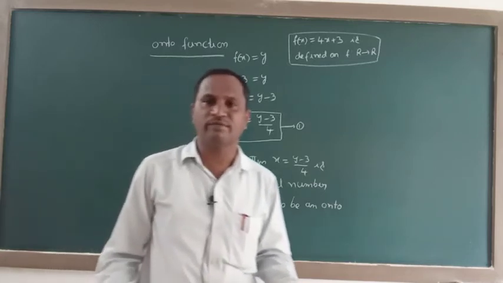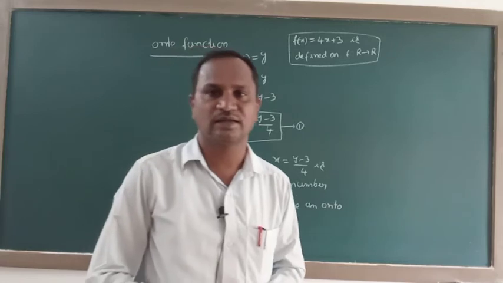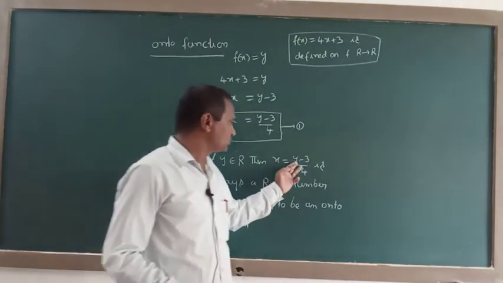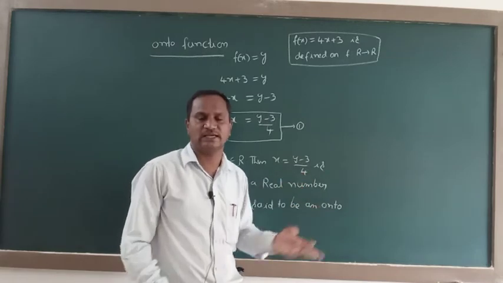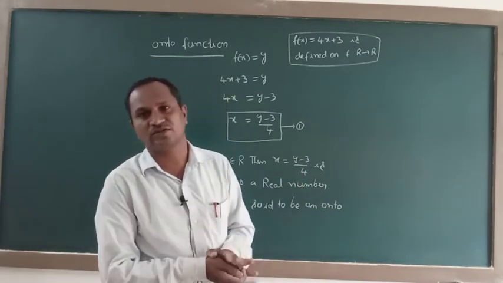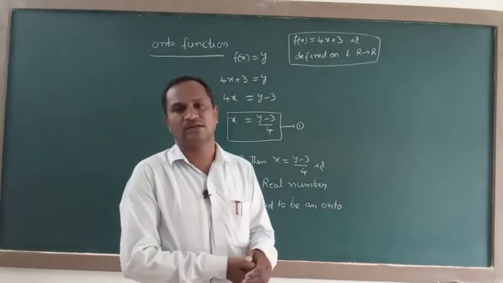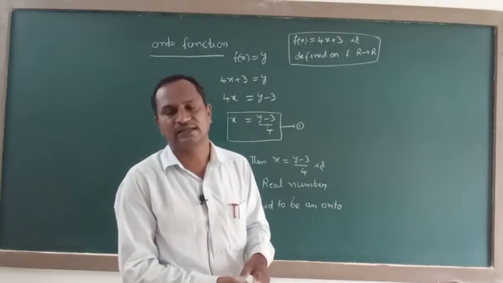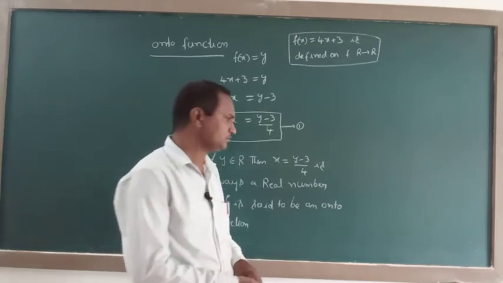Is it a real number or not? It is always a real number. Similarly, we can take 3 also. 3 minus 3 is 0, 0 by 4 is 0. X is equal to 0 is also a real number. Like that, you can take any real number in place of y and again you will get a real number x.